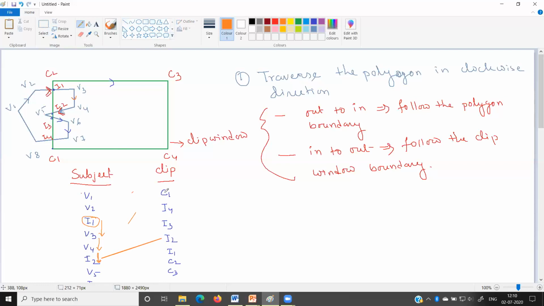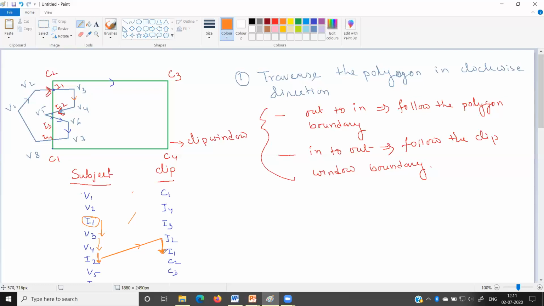Now after going over here, we have to traverse until we get the next intersection point. All the points present in this list are the points on the boundary of the clip window. So I will start from I2 because I2 is on the boundary, and traverse till I get the next intersection point.